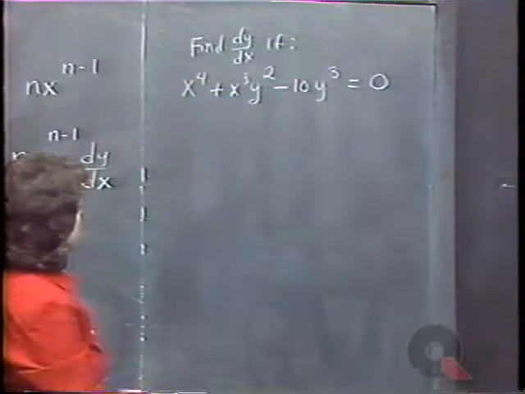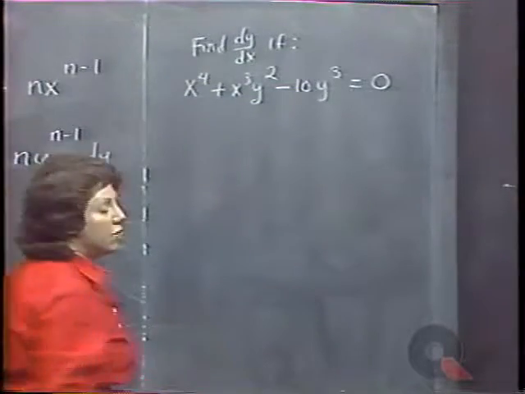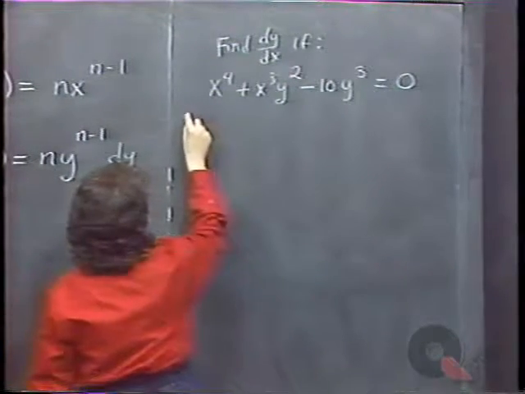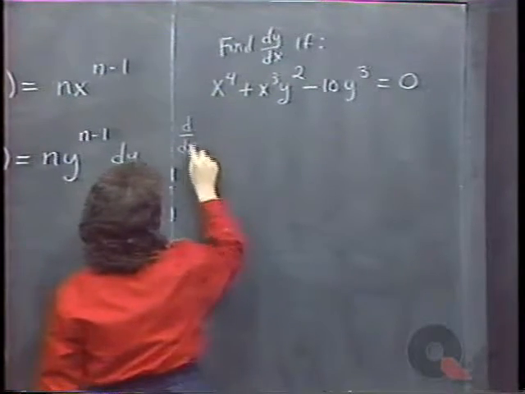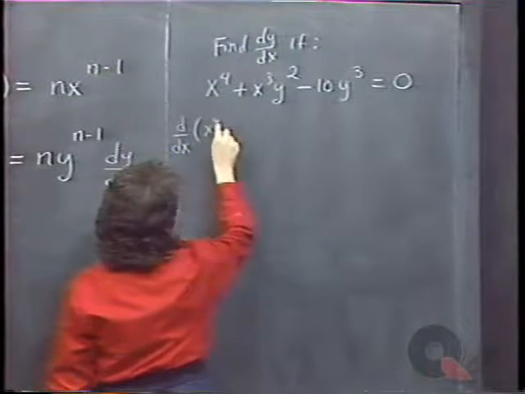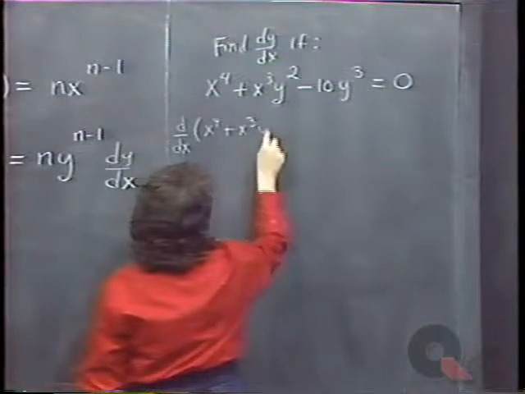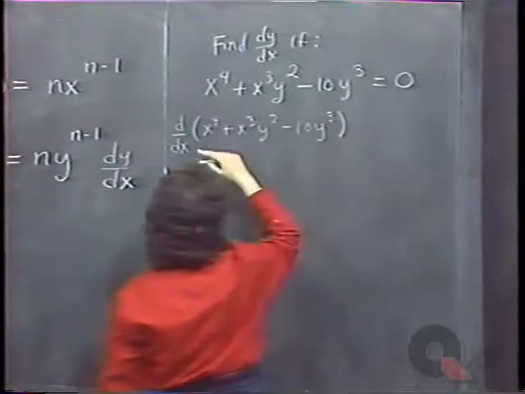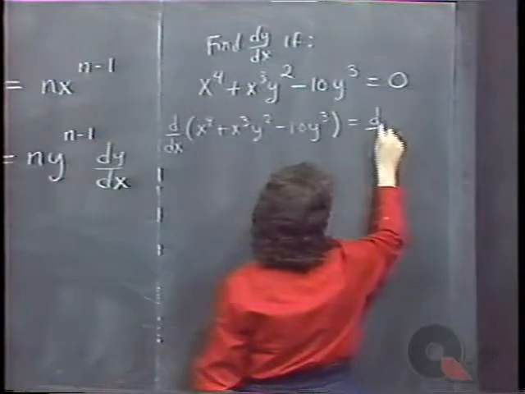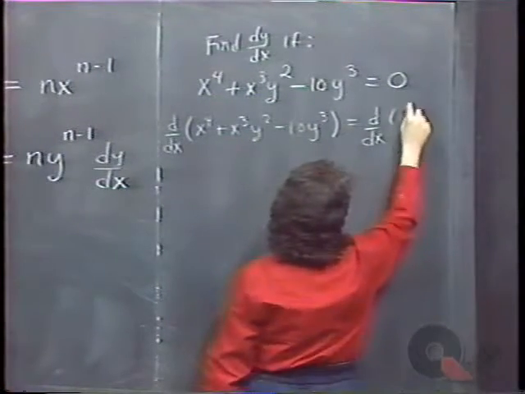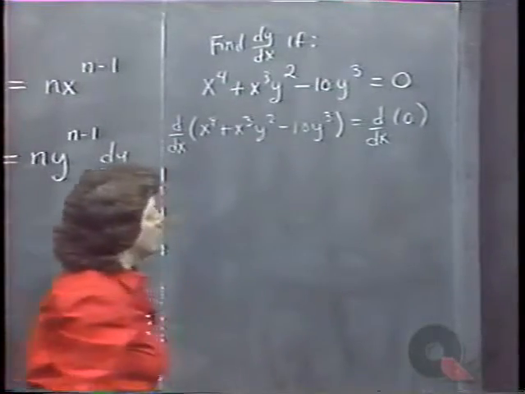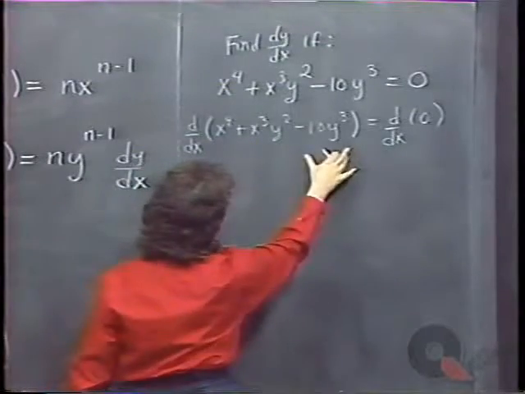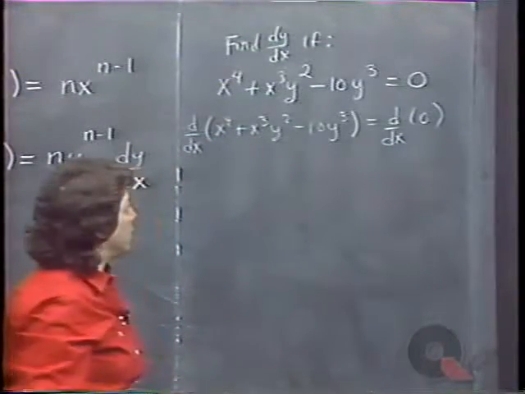Following the procedure we used before, we will take derivatives of both sides with respect to x. So the derivative of x to the fourth plus x cubed y squared minus 10y cubed with respect to x is equal to the derivative of 0 with respect to x. Now the derivative of a sum is equal to the sum of the derivatives of the individual functions.